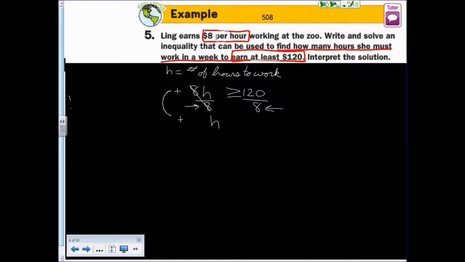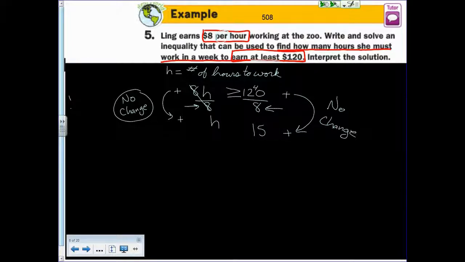There is no change in our sign. 120 divided by 8, a positive divided by a positive. 8 goes into 12 once with 4 left over. 8 goes into 40 5 times with nothing left over. Notice this was positive and it remained positive. There is no change.